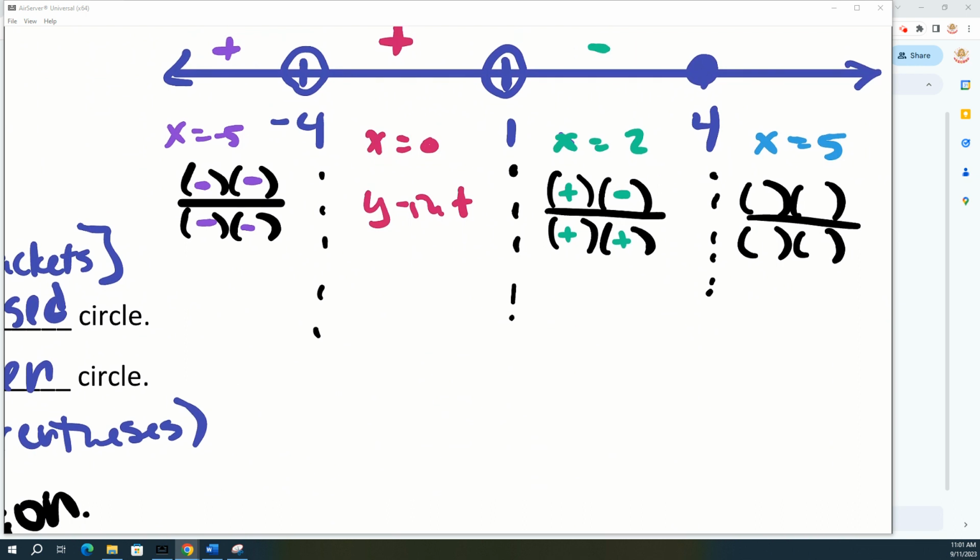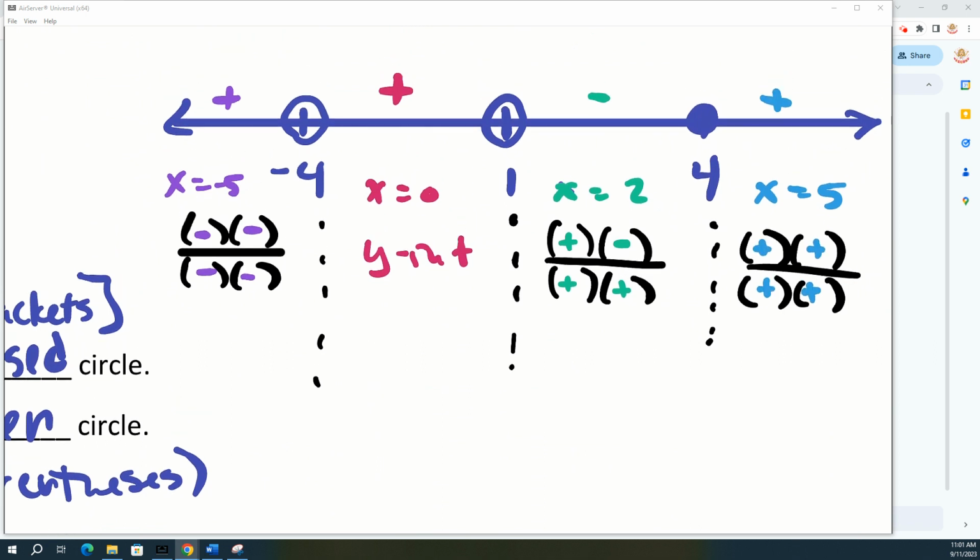Okay, you guys plug in 5 and write if you would get positives or negatives for me, please. All right, so that one's all positive, so it's going to be a positive.